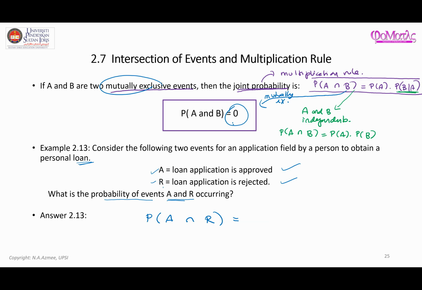These events cannot happen together. So when they cannot happen together, we can say that these are mutually exclusive events. So if they are mutually exclusive events, the probability of them happening together is going to be equal to 0.